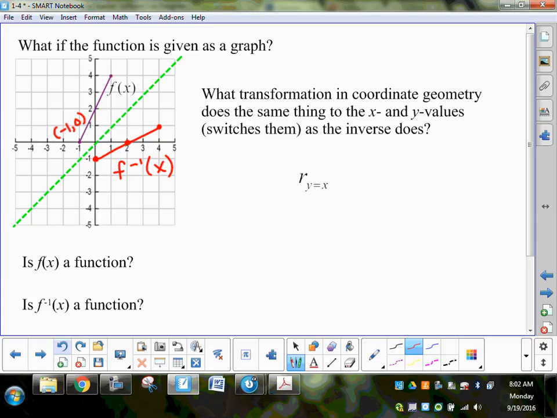Is the original f of x a function? Alexa, yes or no? Furthermore, is the inverse a function? Let's ask that. Maddie? Yes. Is there a way that I could have answered this question without actually finding out what the inverse is?